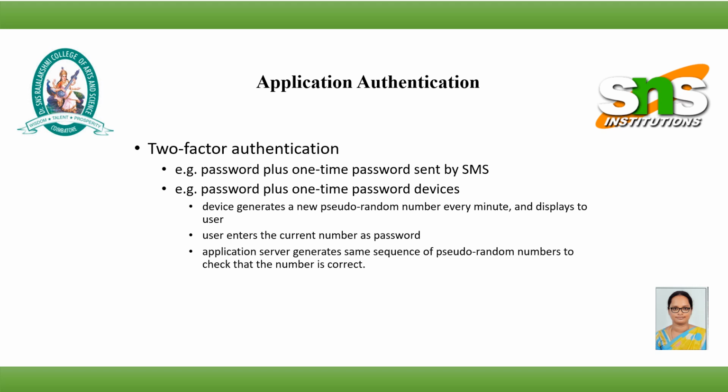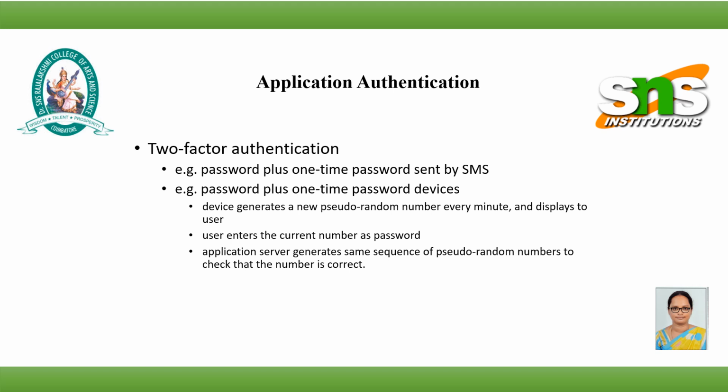Two-factor authentication: a password plus a one-time password sent by SMS, or a password plus a one-time password device. For example, for Gmail, you have two-step verification, which means first we have to give a password. After that, it asks for a secret key, or we have to choose yes or no options, or we can get a call on our mobile number.